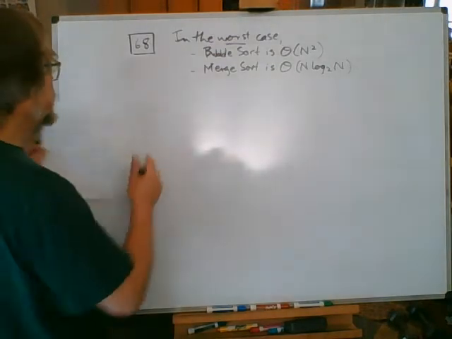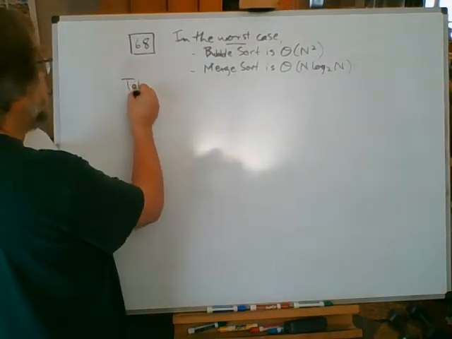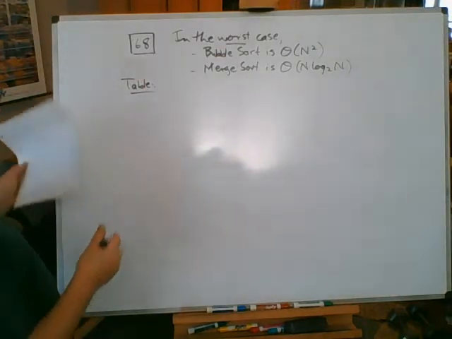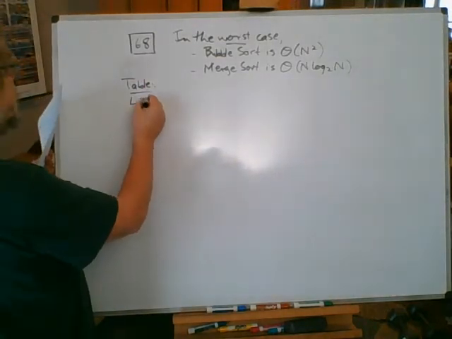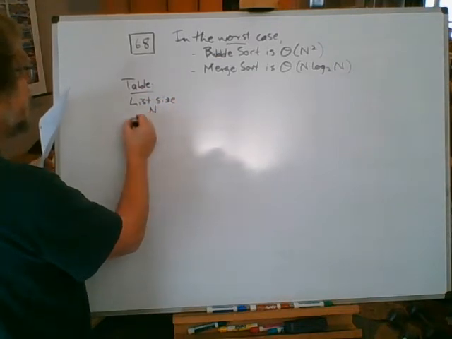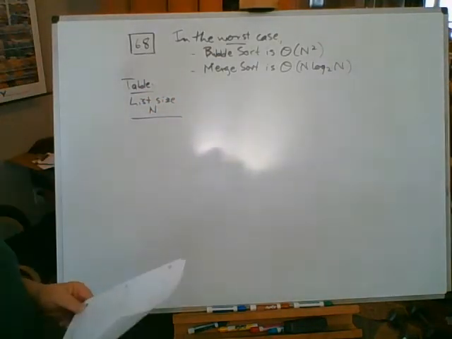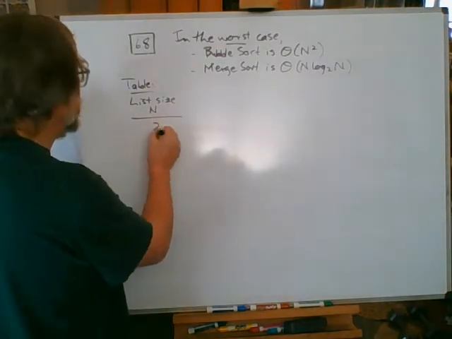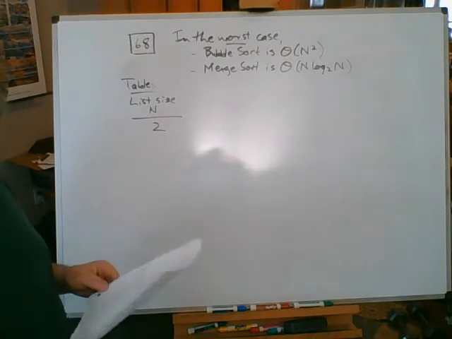But you know what? Let's make a table. For old time's sake, I haven't made a table in a while. This is list size n in this column. List size capital N. There, that's simple. What would be a simple list size? 2. That cute little list, only 2 elements.